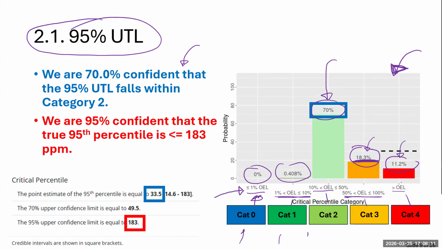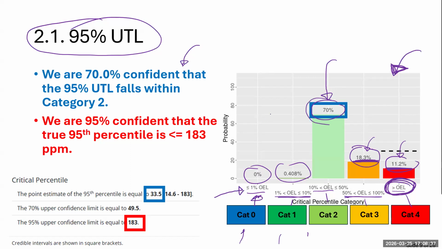We're 11.2% confident that it's in category 4. That's the one that means we're above our OEL. So obviously, remember we don't want it to be there. We want it to be somewhere else. This result is pretty good. We're not doing terrible. We have some room for improvement, but we're not doing too bad either.